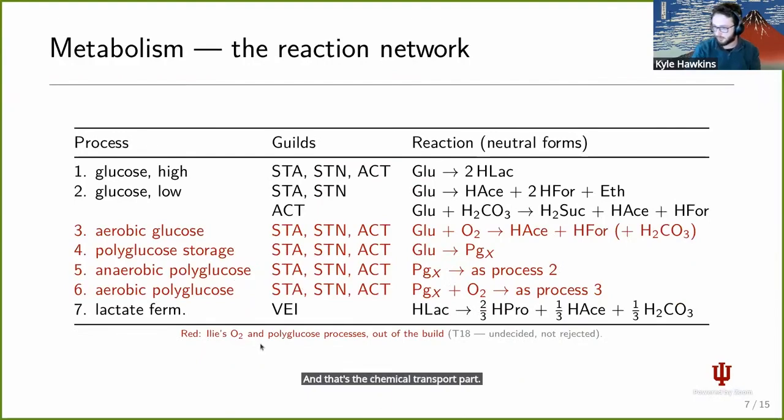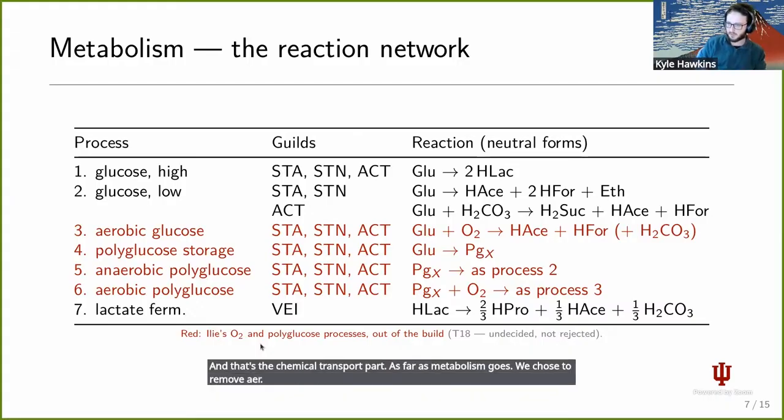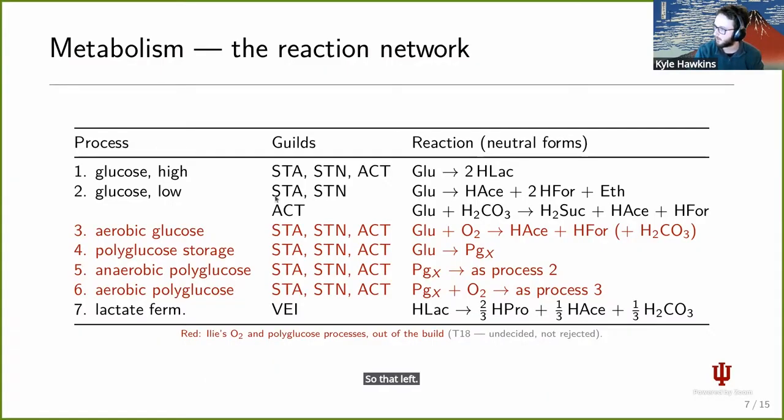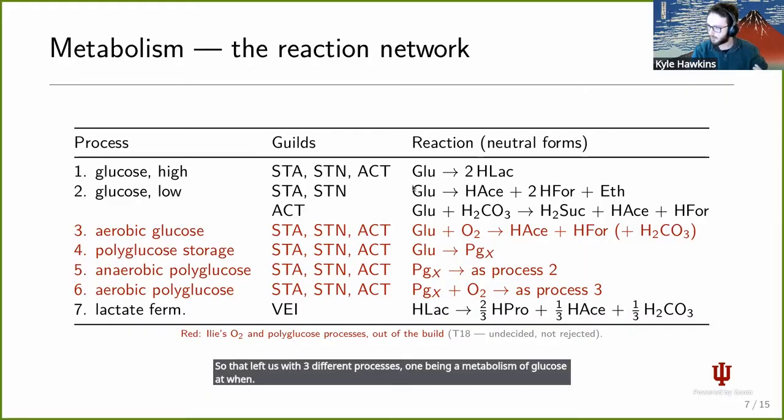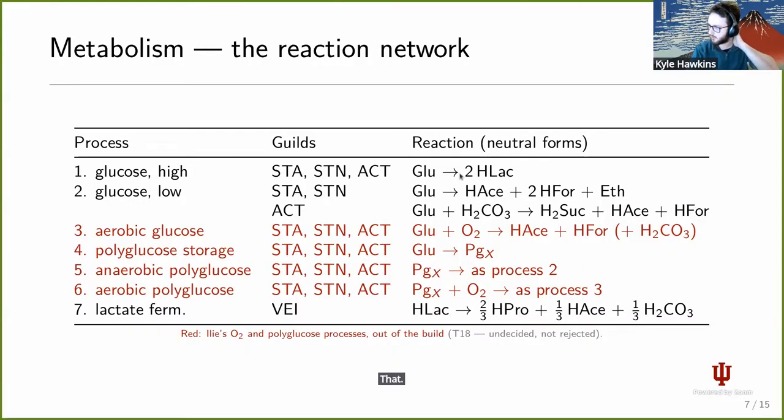As far as metabolism goes, we chose to remove aerobic processes and the processes that involved polyglucose. So that left us with three different processes. One being a metabolism of glucose when there's a lot of glucose present, that being glucose turning into lactic acid.